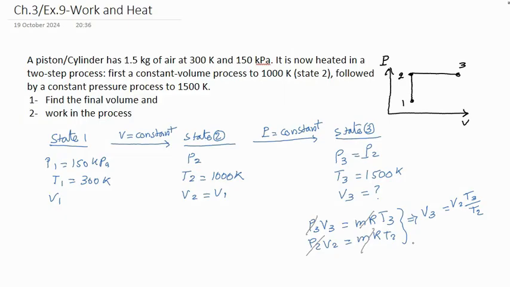Volume 1 can be written as mass times R times T1 over P1, based on the ideal gas law.